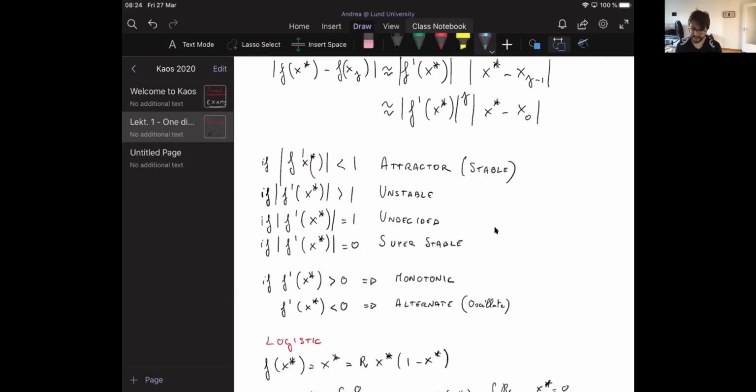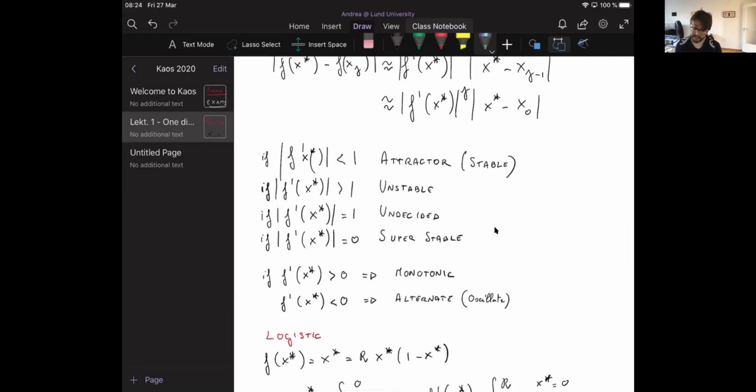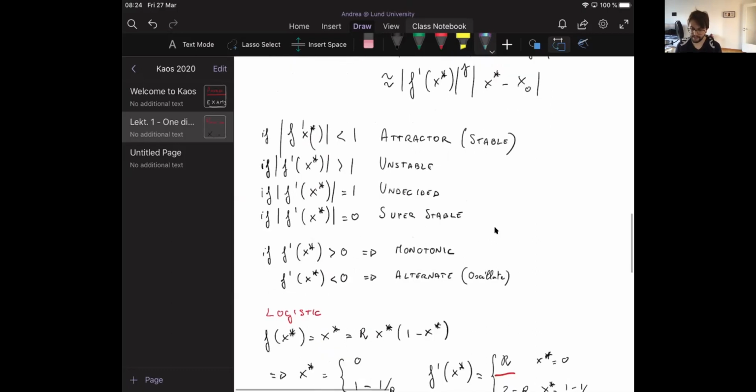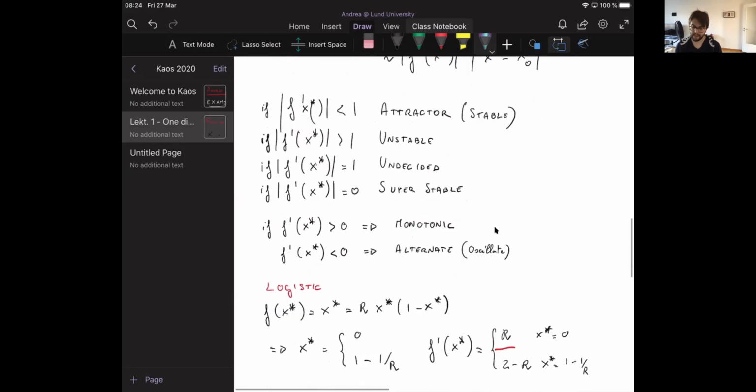Then you have undecided, and then an important property are superstable fixed points, where you reach the superstable fixed point in a finite number of steps. And this approach can be either monotonic, so a proper asymptotical behavior, or alternate, so oscillating above and below the fixed point with a kind of damped oscillation motion.